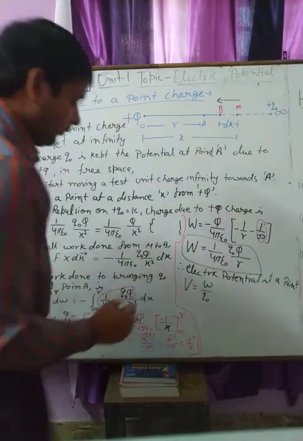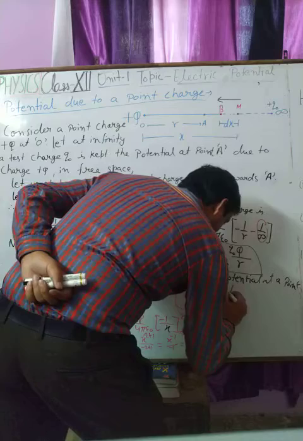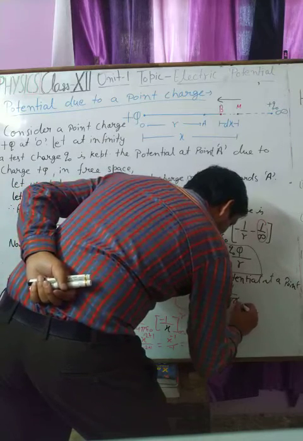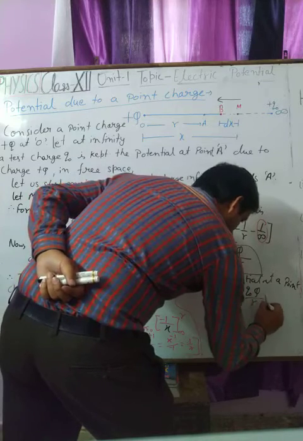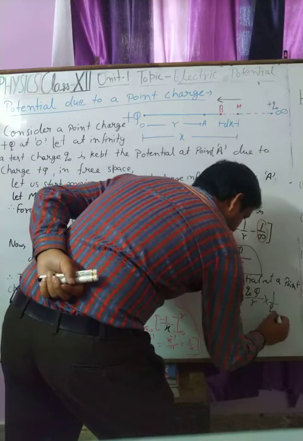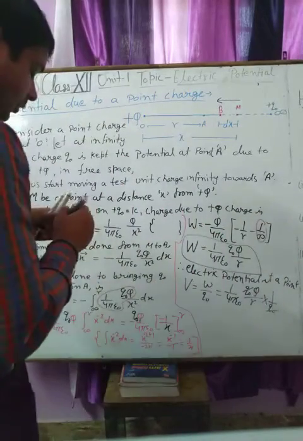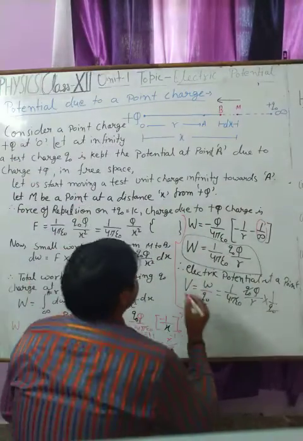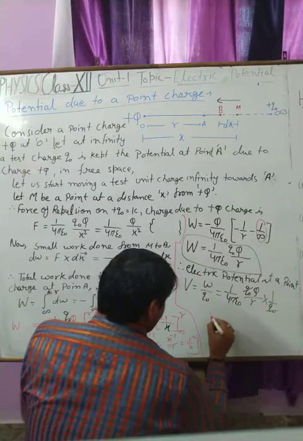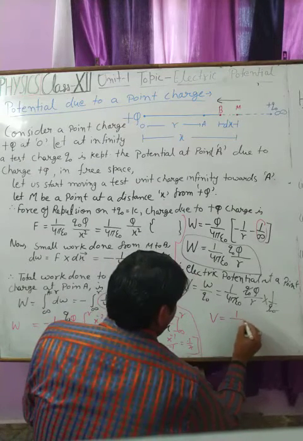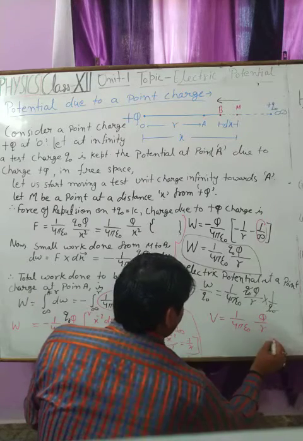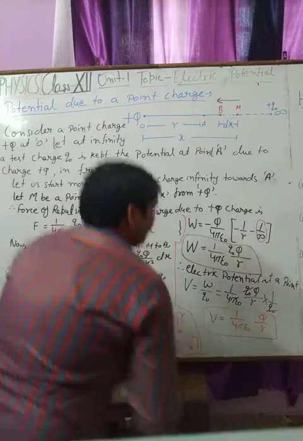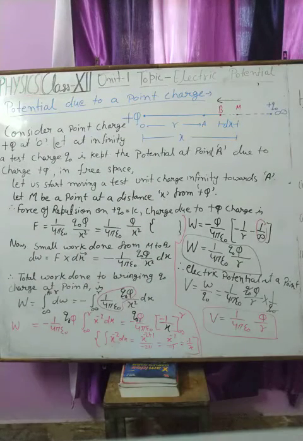Now the value of W is 1 upon 4 pi epsilon naught Q naught capital Q upon R, into 1 upon Q naught. This Q naught is cancelled. So the potential at a point due to a point charge V is 1 upon 4 pi epsilon naught Q upon R. This is the potential due to a point charge. Copy these notes.